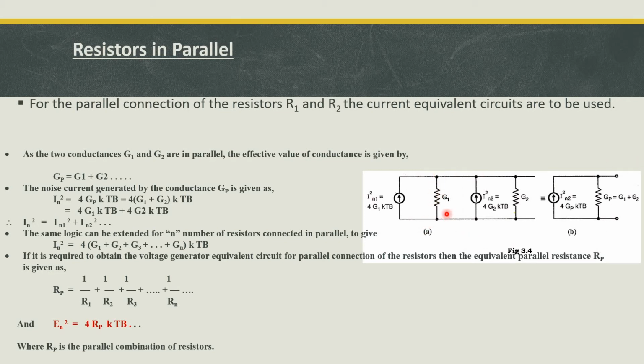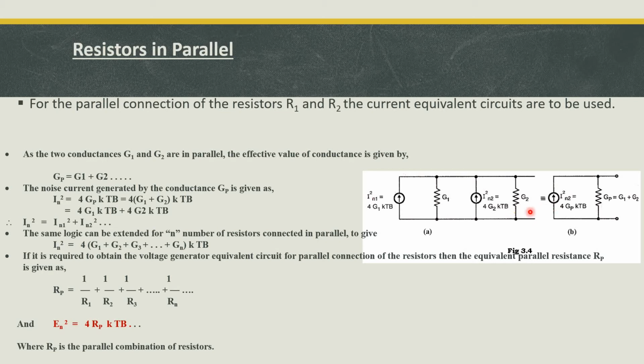The inverse of resistance is called conductance, so G1 and G2, the two conductances, are connected in parallel. Because of resistor 1 and resistor 2, the equivalent noise current I1 square is equal to 4G1 kTb. Similarly, I2 square is equal to 4G2 kTb.